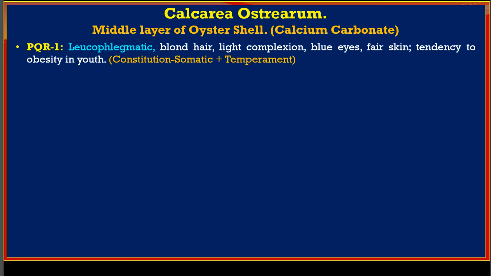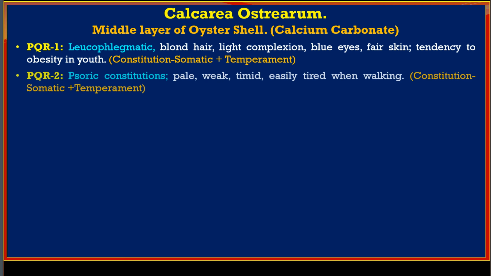Obesity in youth tells us the diathesis, the predisposition of this Calcarea carb patient, who has a genetic indisposition, or you can say since birth, to acquire obesity, especially in childhood, not only adulthood. These traits are present since childhood.